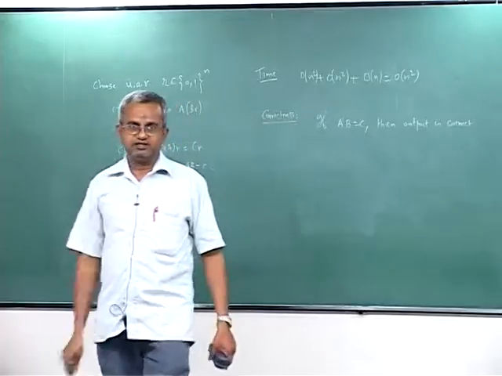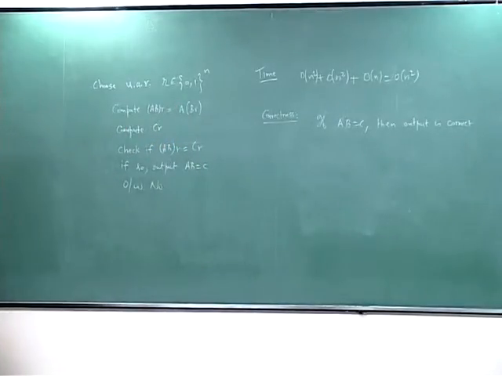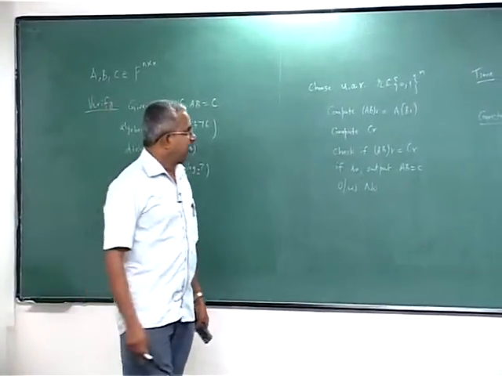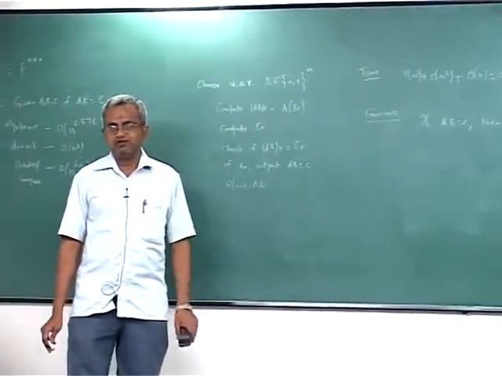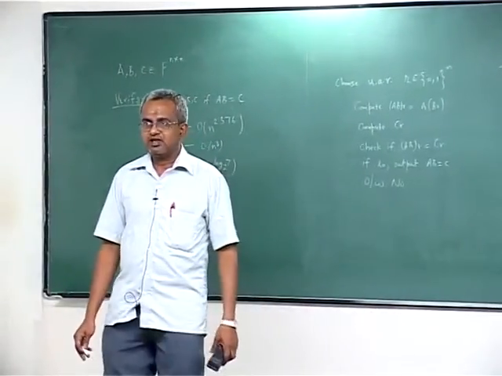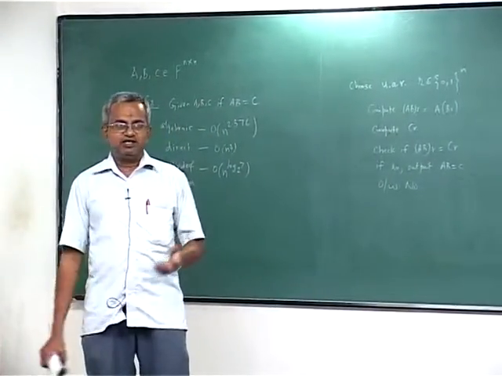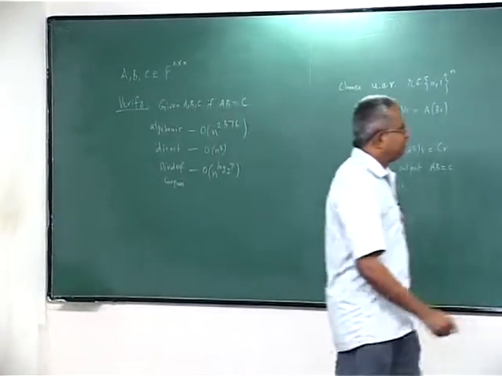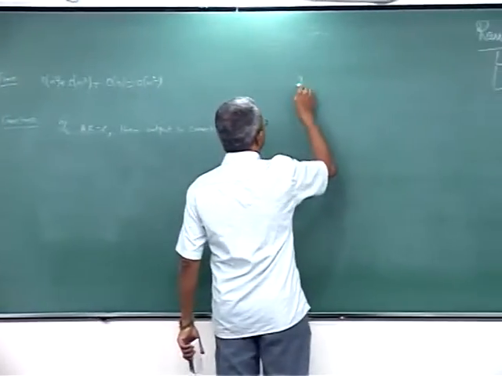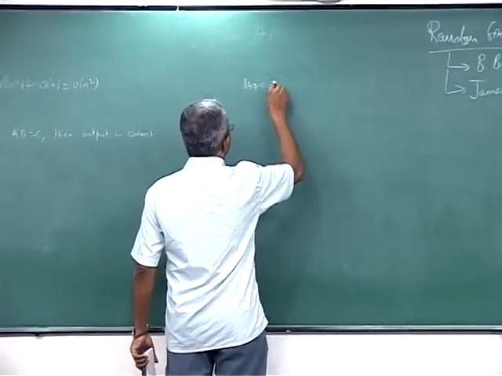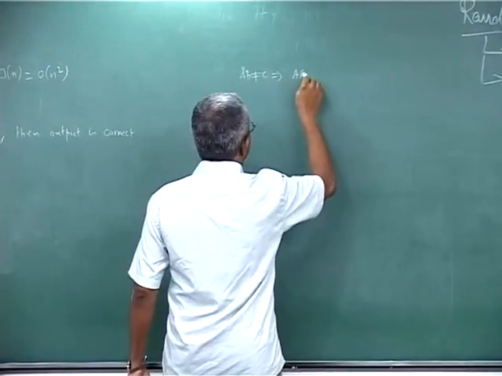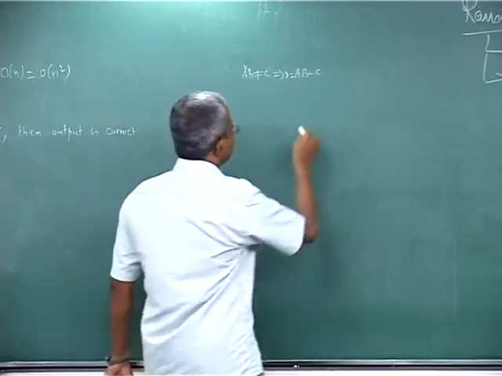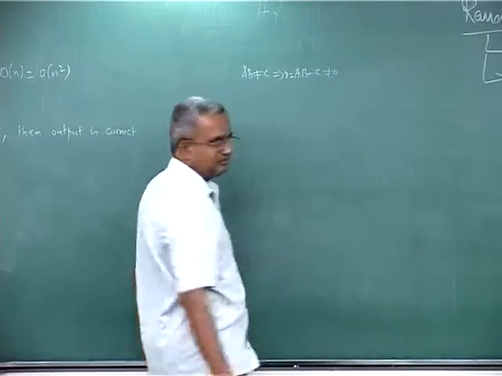But you could make an error if AB is not equal to C. It is possible that AB is not equal to C, and still you can find an R such that ABR equals CR. Why? If AB is not equal to C, let me define the matrix AB minus C to be D. Then D will not be equal to 0.